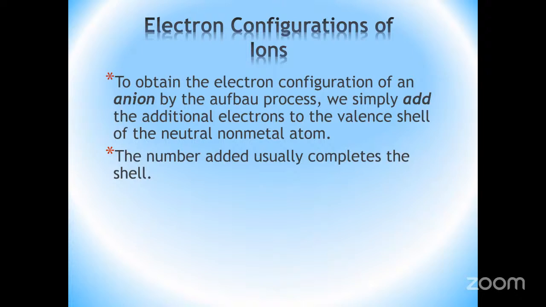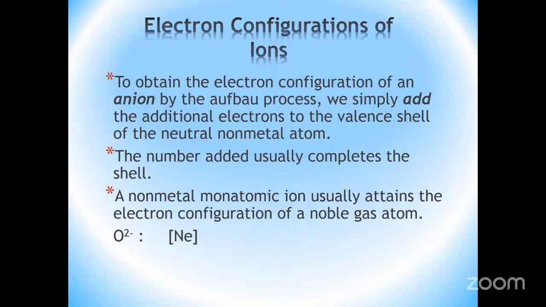The question is, if you're going to add electrons to an atom which is already neutral, where will those electrons end up? The answer is very simple: especially for the main group elements, we simply add the electrons to the valence shell of the non-metal atom. All right? So basically, do I have an example here?